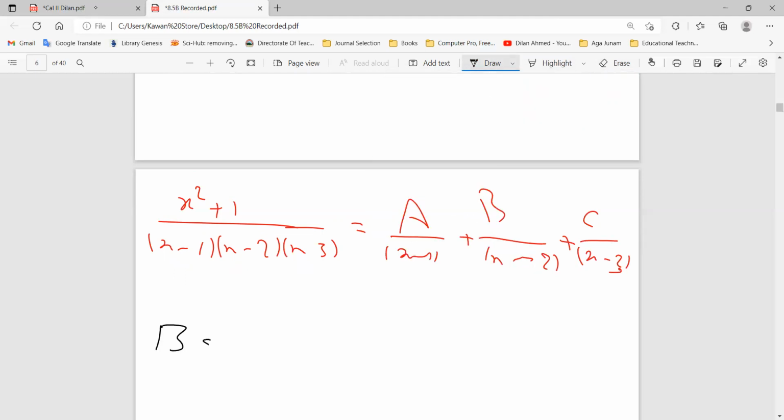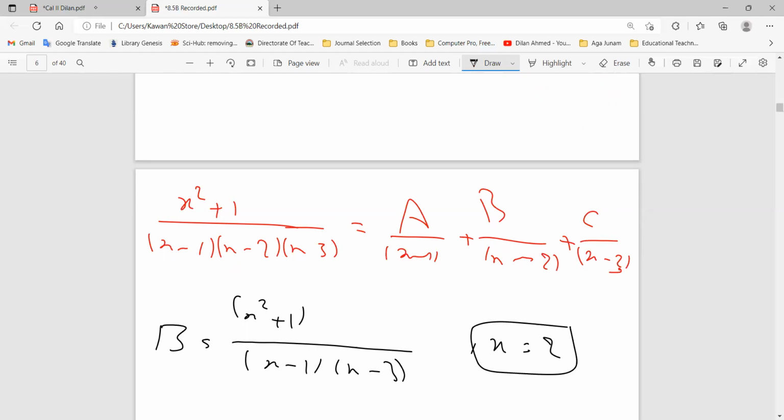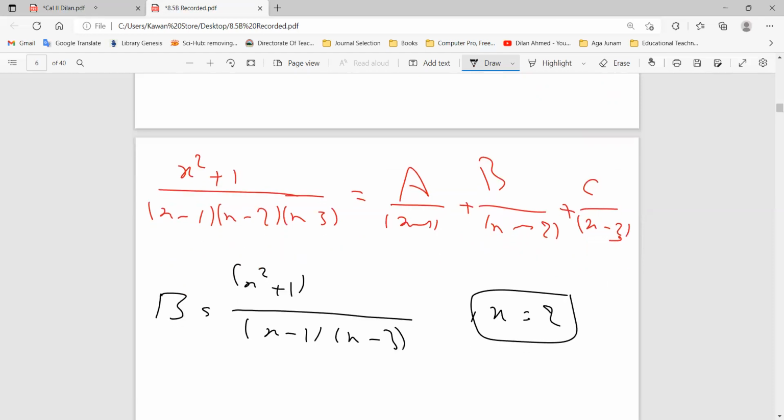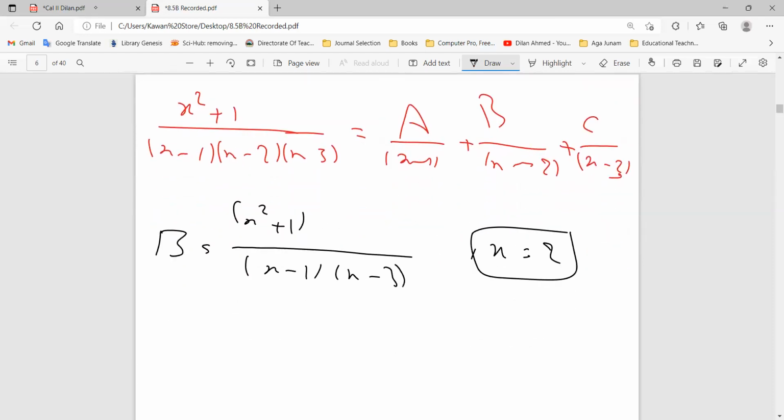I say B equals x squared plus 1 over x minus 1, x minus 3, with x equal to 2. I cancel the denominator of B and also the other two, A and C.